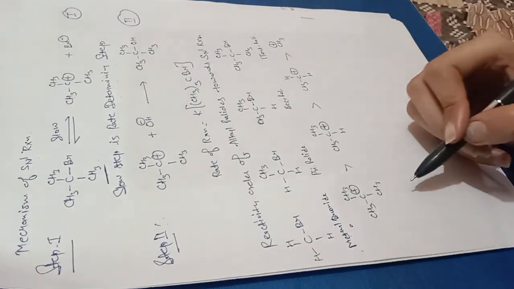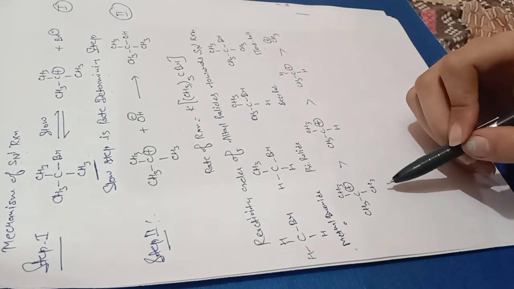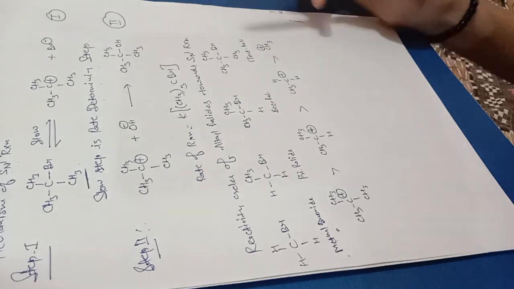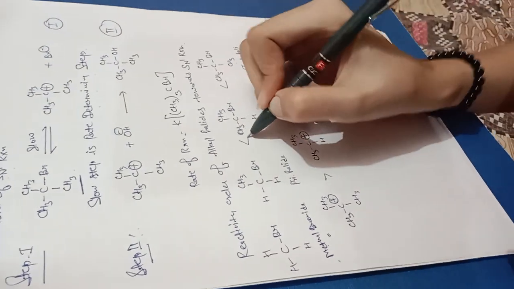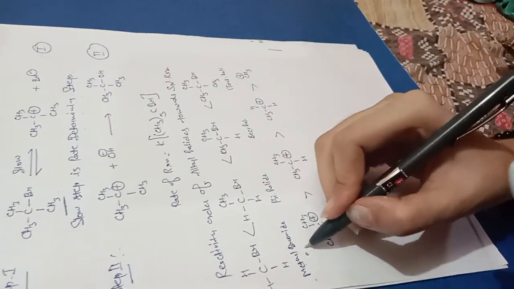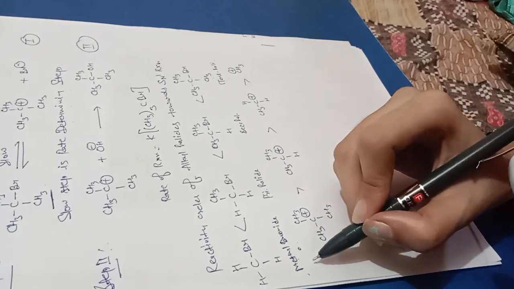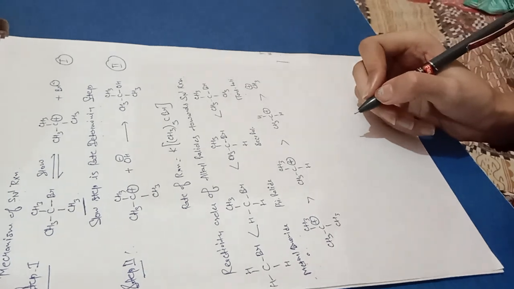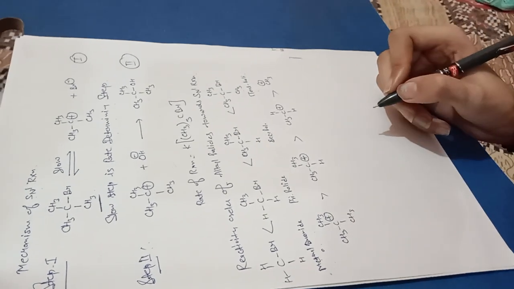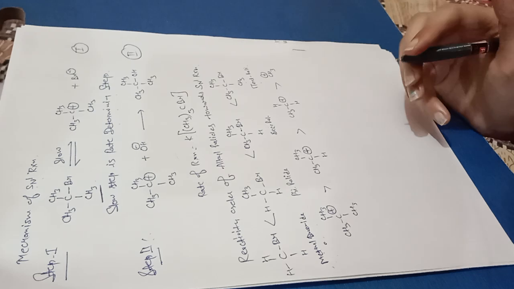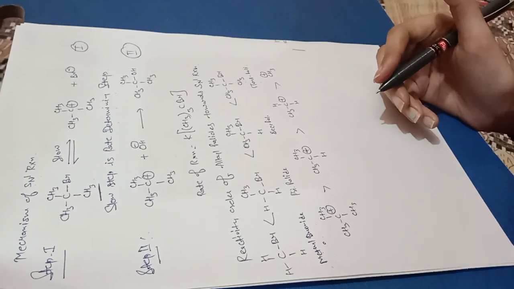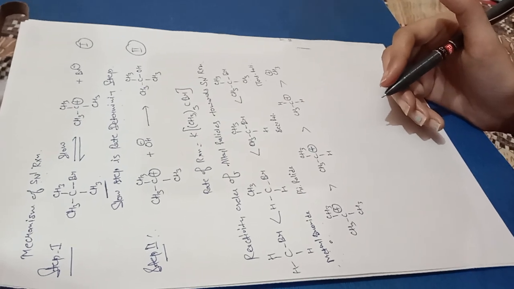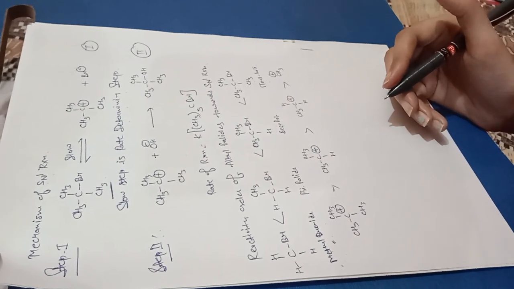Okay, so the reactivity will be greater in the case of tertiary halide, then secondary, then primary, then the simple alkyl halide, that is methyl bromide. Okay, this is all about nucleophilic substitution reactions and their types, that is bimolecular nucleophilic substitution reaction and unimolecular nucleophilic substitution reaction. Thank you.